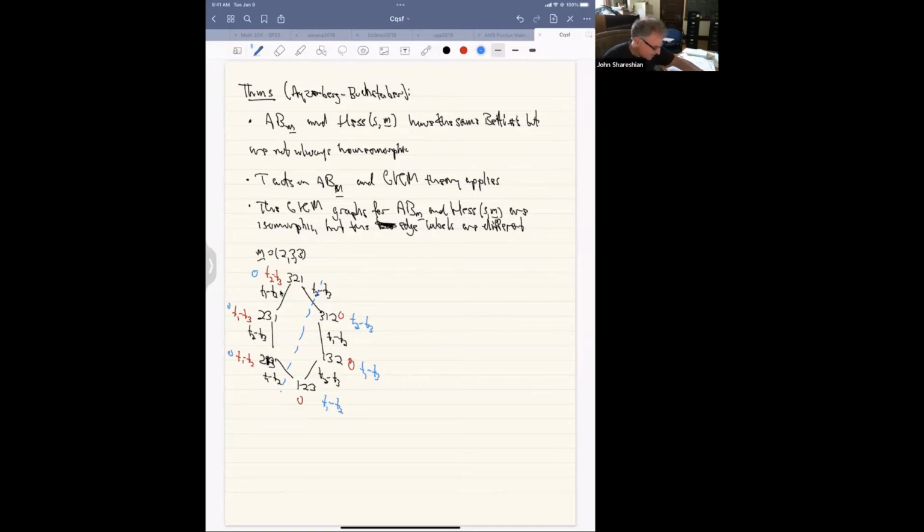And now I'd like to tell you a theorem, and this is a recent theorem. There's a paper in progress or a preprint, I forget which it is, by Martha Precup and Eric Sommers. And there's a recent arXiv posting by Masuda and Sato.